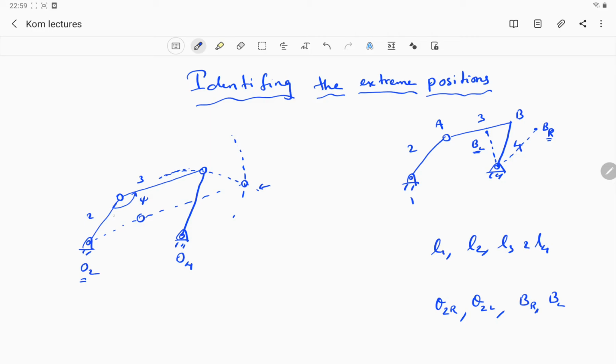To identify that point BL, I choose once again O2 as the center and the radius as L3 minus L2. If I do that, I will get one more circle, and this is BL.